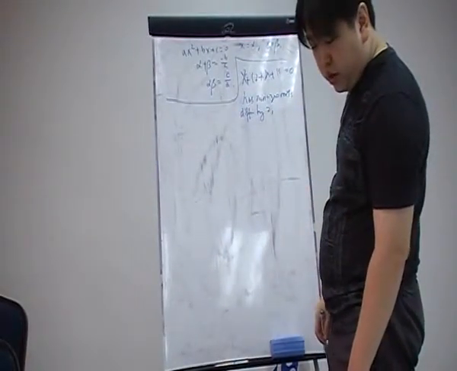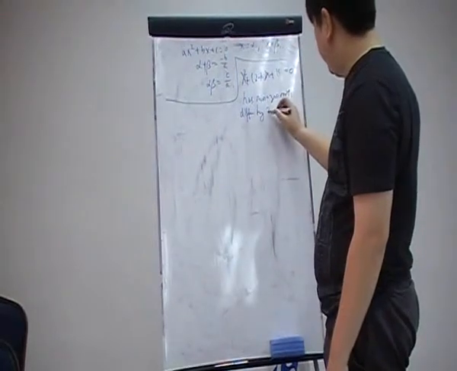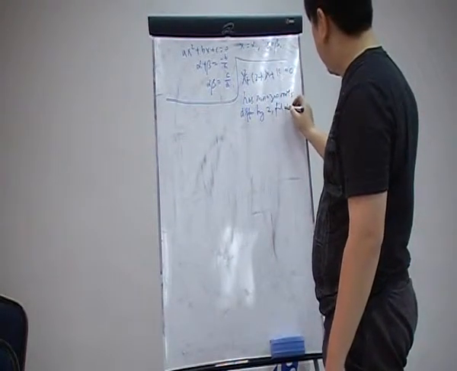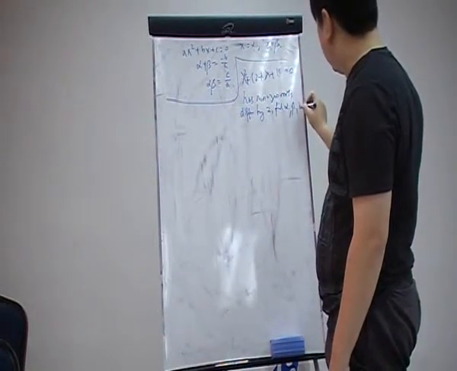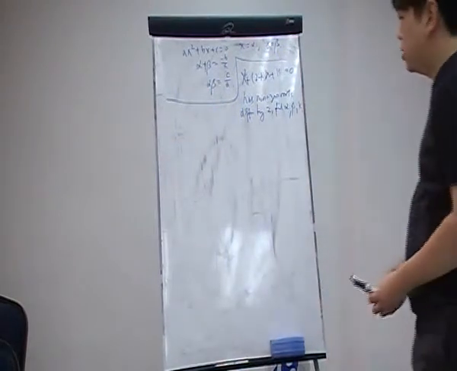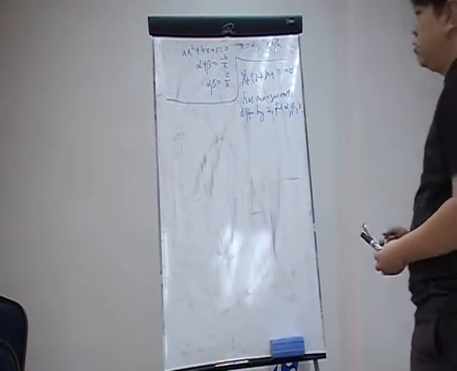Find the value of each root and of k. Find alpha, beta, and k.